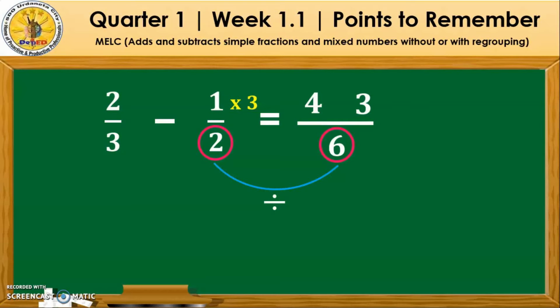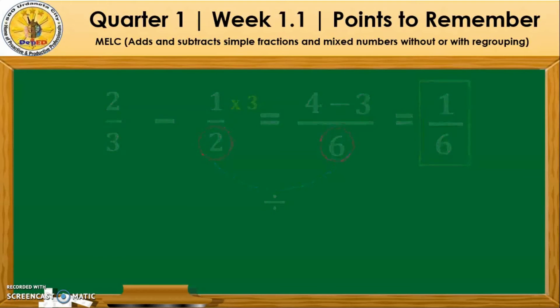After which, we can now proceed to the third step, which is to subtract the numerators. 4 minus 3 is 1. Then copy the denominator. Since this is in its lowest term, this is our final answer.